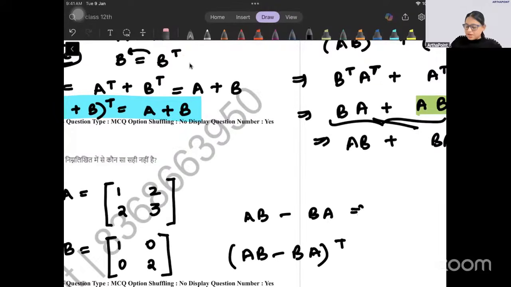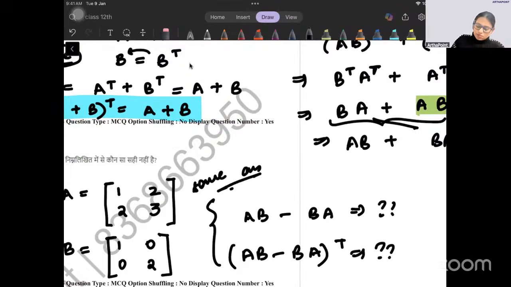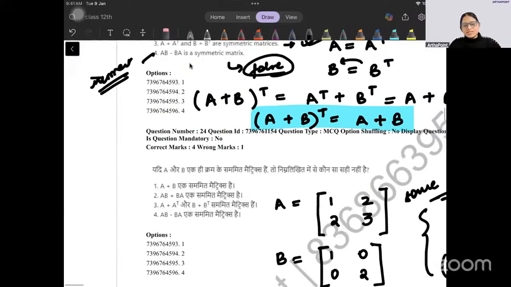And you tell me what answer comes here and what comes after taking its transpose. Are you getting the same answer or not? Take it as a homework.